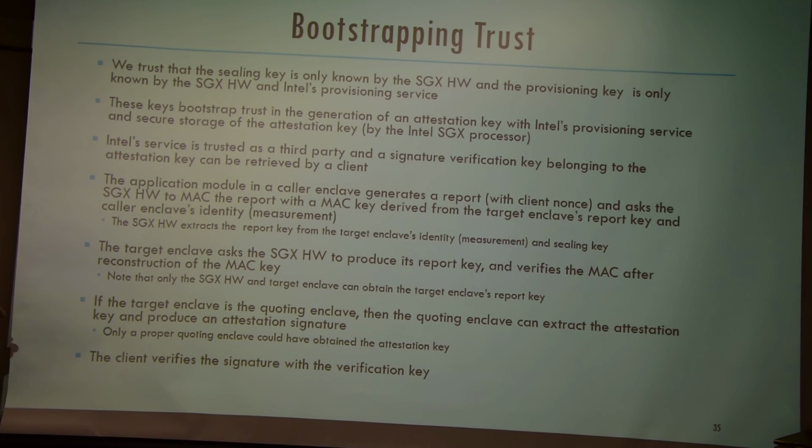So it is possible for the target enclave to call this EGETKEY functionality. EGETKEY can be called by any enclave, but when you call it, the hardware is simply using the sealing key and mixes it up with your identity to give you a key. So that report key is unique to each enclave.